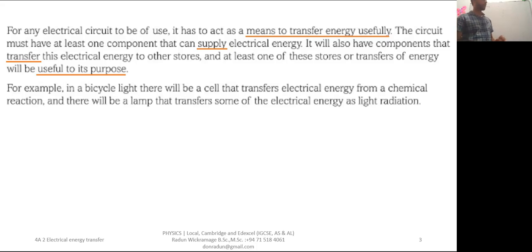The circuit must have at least one component that can supply electrical energy. At least one should be there. It will also have components that transfer this electrical energy into other stores, and at least one of these stores should be useful to its purpose.